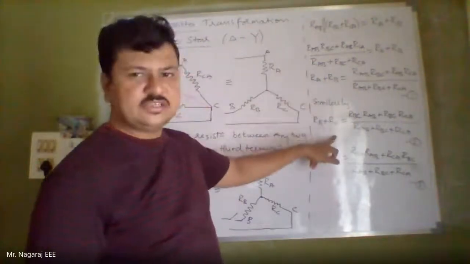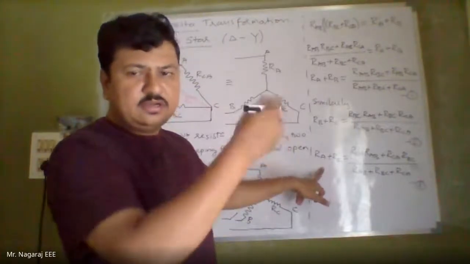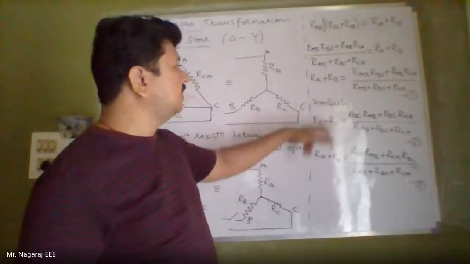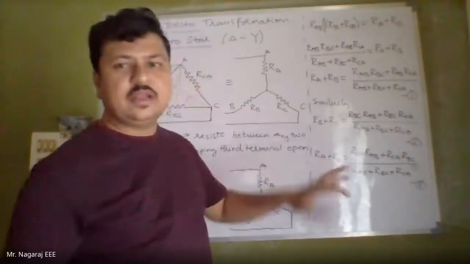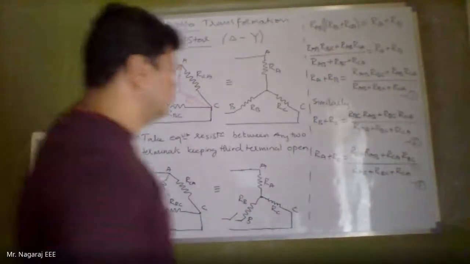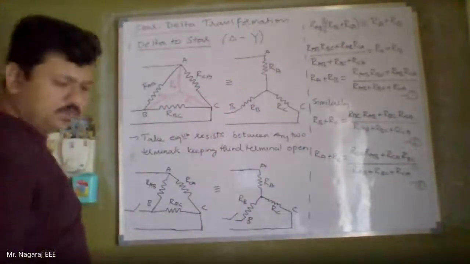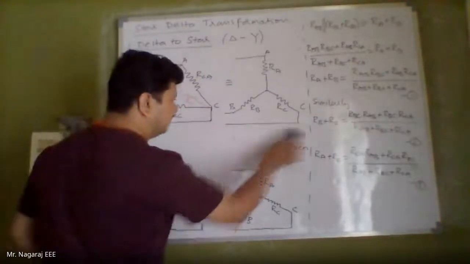I have one more equation with RA and RC. If I add or subtract equation 3 with the result of equations 1 and 2, I may get RC or I may get RA. So one resistance I will get now. So subtract equation 2 from equation 1.